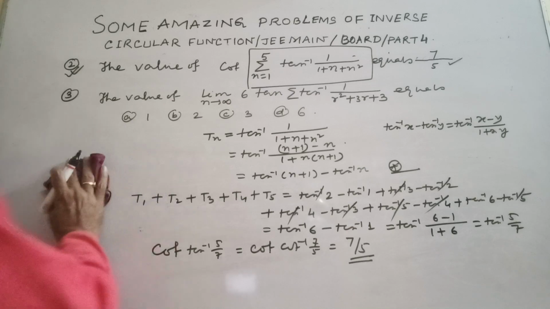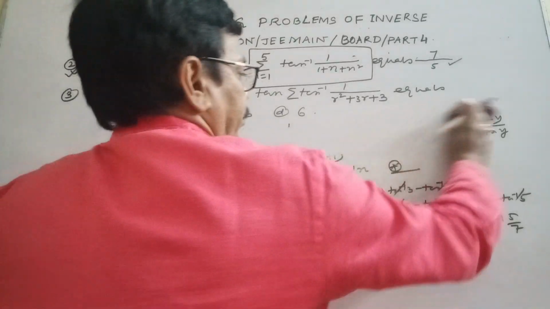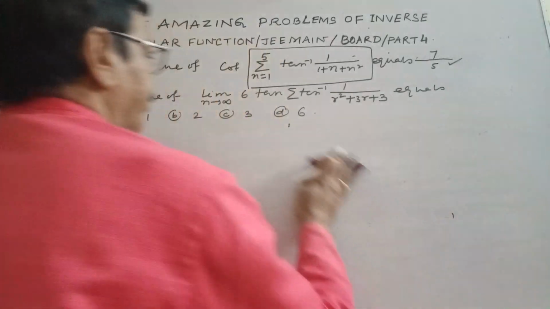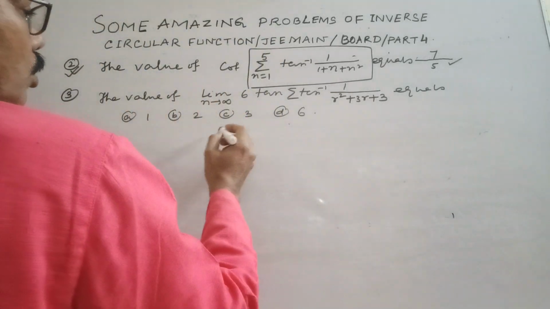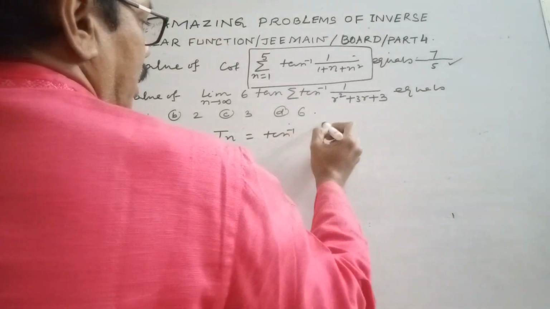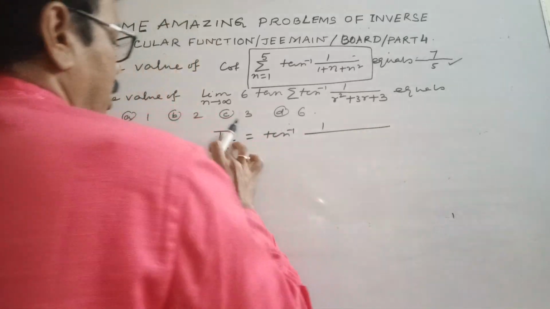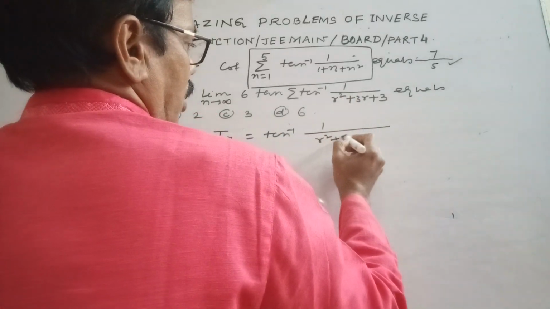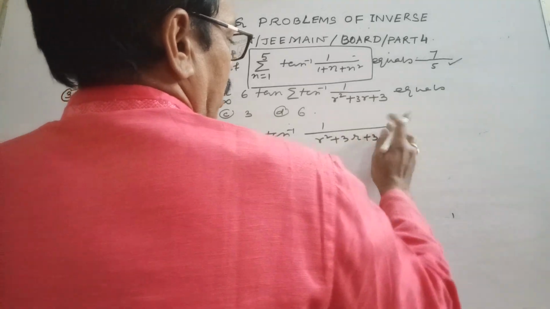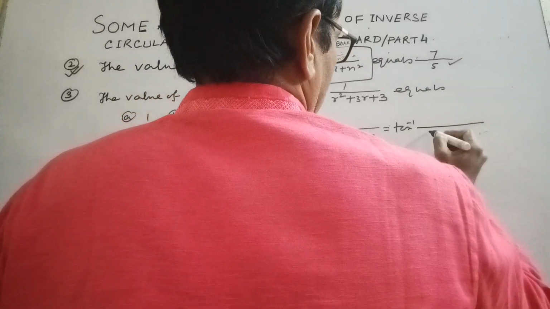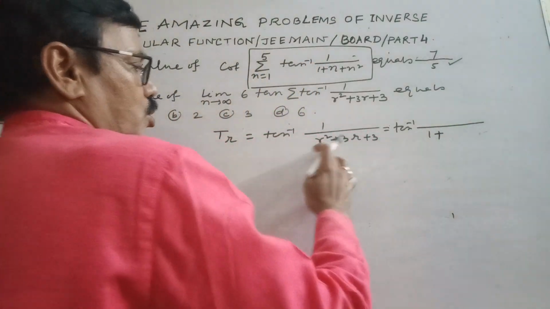Now the third one is exactly the same as the previous. So look, Tn, tan inverse. We are taking this as Tr, not Tn. So r square plus 3r plus 3. Our main aim is to express it as a tan of 2 terms.